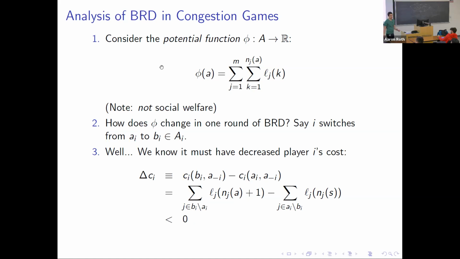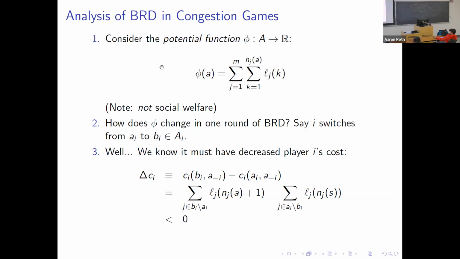Okay, so there's some facilities that are in BI, my new set of facilities and my new action, that I previously was not playing on, but now am. I wasn't paying for the cost of those facilities before, and now I am. So they're going to contribute positively to my change in cost. So I'm going to have to pay the cost of those facilities, and the cost of those facilities is not just the number of people who were playing on them before.